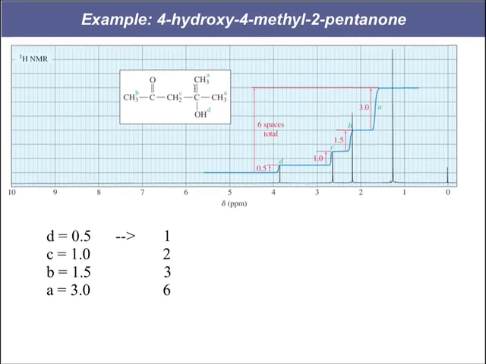Our most shielded, our farthest from our electronegative groups, are type A hydrogens, our methyls. The normal methyl hydrogen should be around 0.9, but notice that they are on a carbon that's next to a carbon that's next to an oxygen. So there's going to be a little bit of deshielding from that oxygen. So that's why our A shows up a little bit over 1 instead of about 0.9.